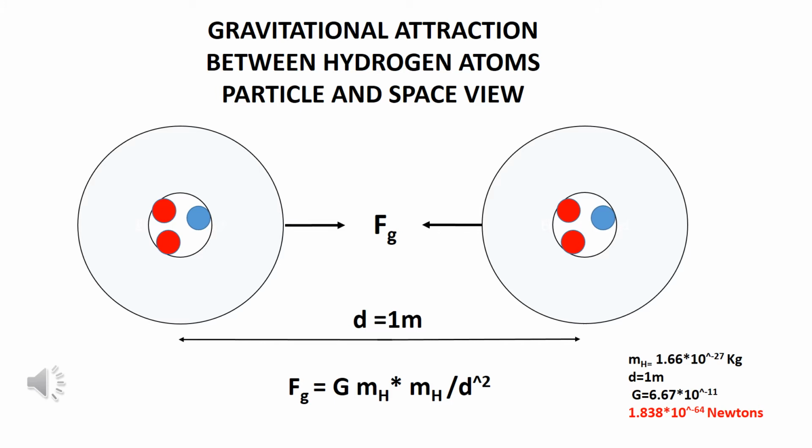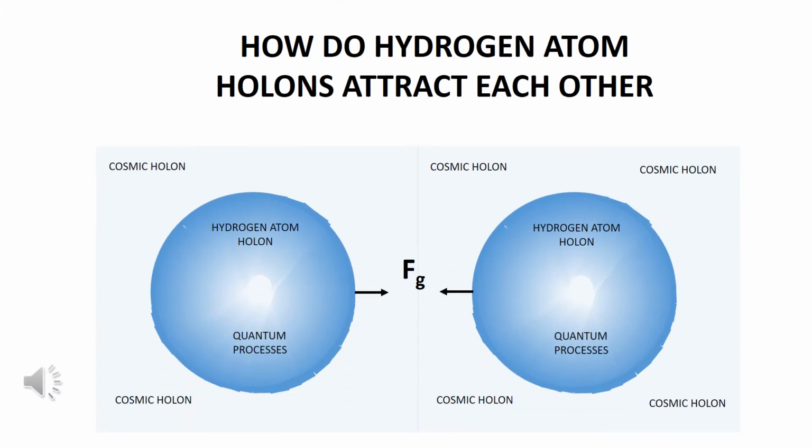So let's look at these fundamental forces through a quantum process and HOLON viewpoint. Here we are looking at a representation of 2 hydrogen atom HOLONs. They are made from reflexive quantum processes that are electromagnetic processes.